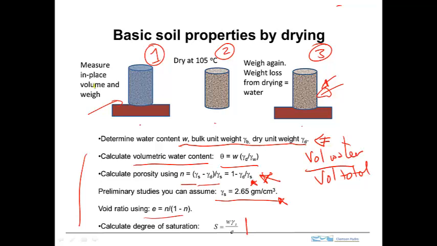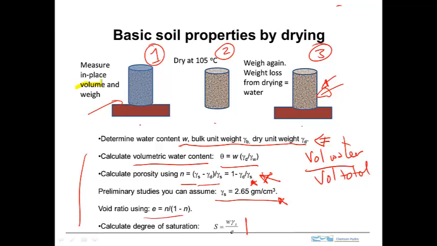Now, one thing that I should point out is that in order to do the calculations that I've shown here, you have to be able to determine the volume of the sample as it's obtained in the field. And this needs to be the volume that the soil occupies in place. So it's what's called the undisturbed volume. And if you can make that measurement, then you can go through and do these calculations.